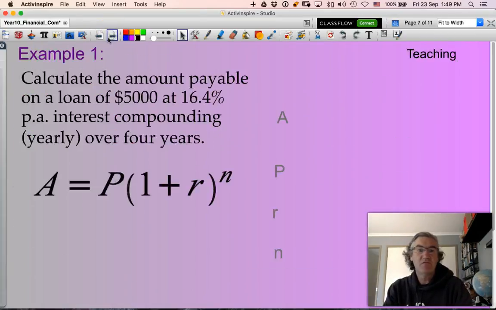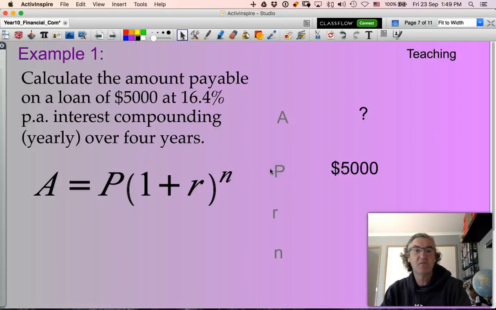So let's look at a few examples here. Now, I want to calculate the amount payable on a loan of $5,000. The rate is 16.4%, which is quite high, per annum with the interest compounding yearly over 4 years. In other words, I want to know how much do I need to pay back to the bank after 4 years if I borrow $5,000 and my interest rate is 16.4% and I have 4 years, so there'll be 4 interest calculations.